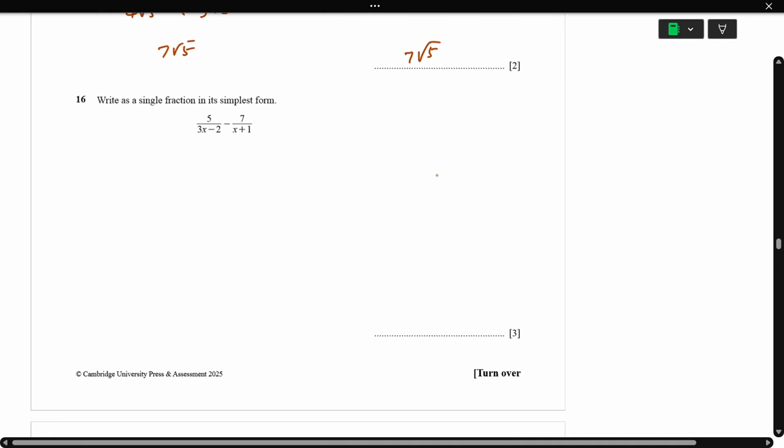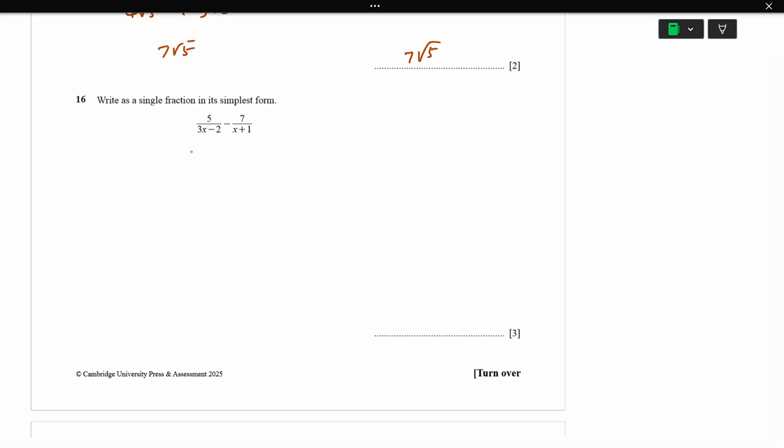Next, write as a single fraction in its simplest form. So we'll take the LCM here. 5 times (x plus 1) minus 7 times (3x minus 2), over, just multiply the denominators, 3x minus 2 and x plus 1.